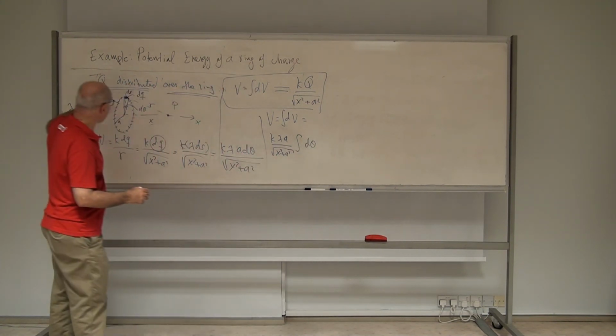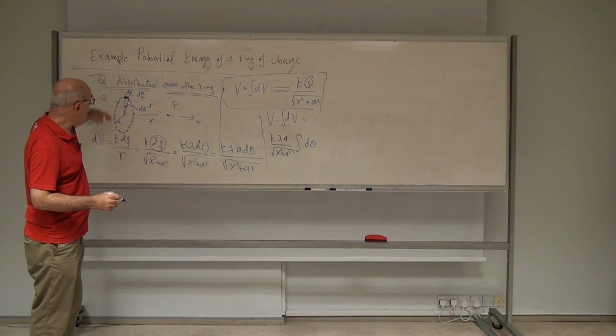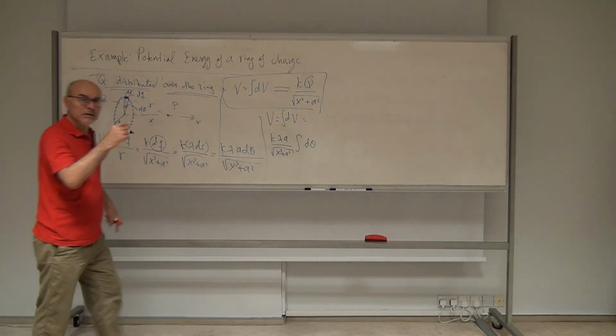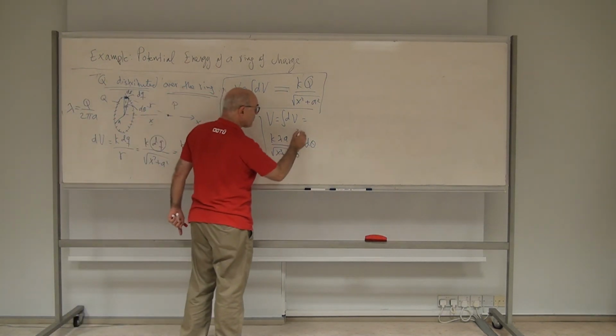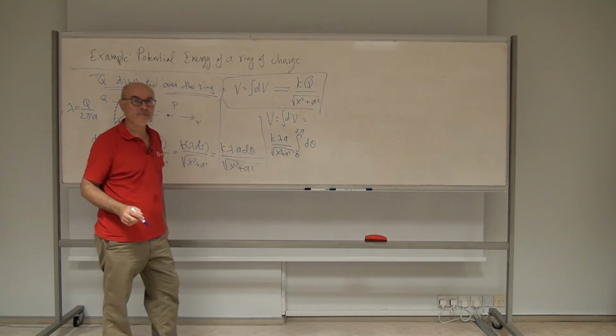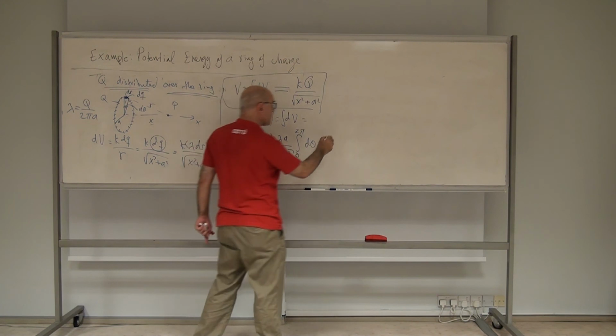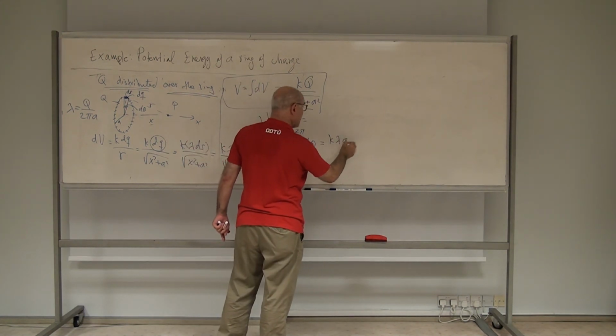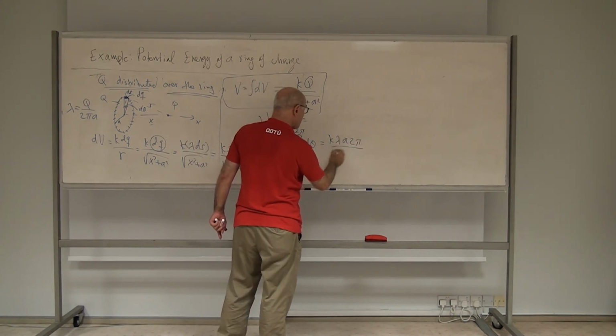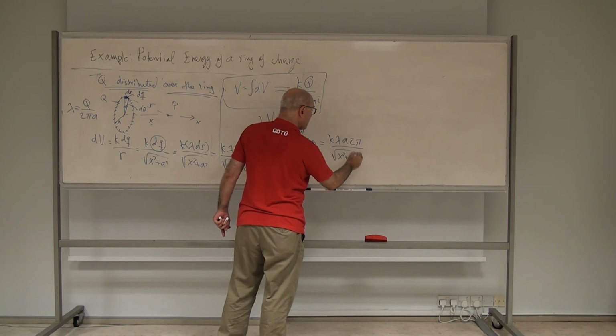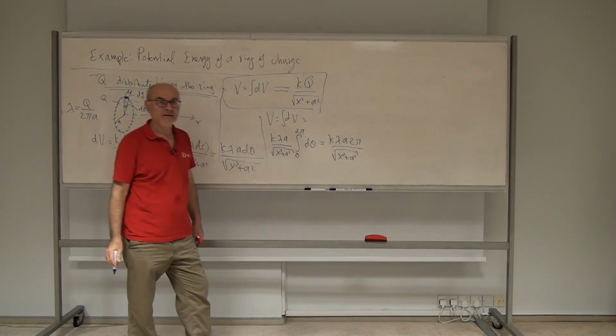And when you want to cover all the charges on the ring, you have to integrate over theta from 0 to 2 pi. And if you carry out this integral, the result is just 2 pi, as we know. So this becomes k lambda a 2 pi over the square root of x squared plus a squared.